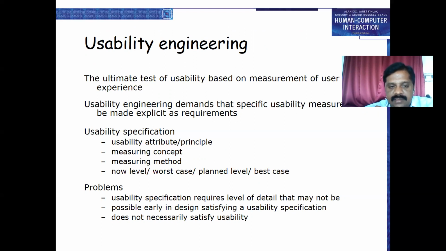Usability specification: there are four specifications in usability. Usability attribute or principle, measuring concept, measuring method, now level or worst case, planned level, best case. So these are all the specifications of usability.